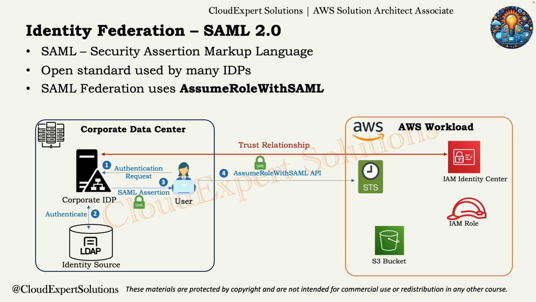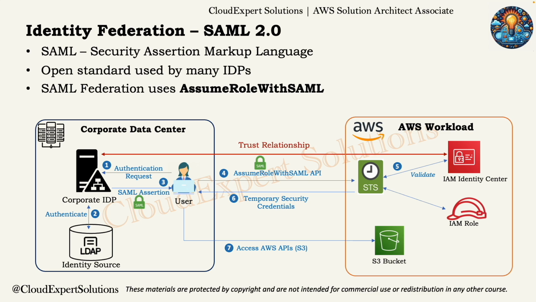Using the SAML assertion token, the user will invoke assume role with SAML to obtain temporary credentials. Then STS will validate the trust policy and assume role permissions and generate temporary credentials for the user. Then the user will inherit the IAM role privileges and use the temporary credentials to access the AWS APIs, in our case, the S3 APIs.